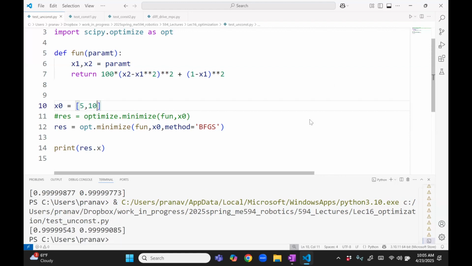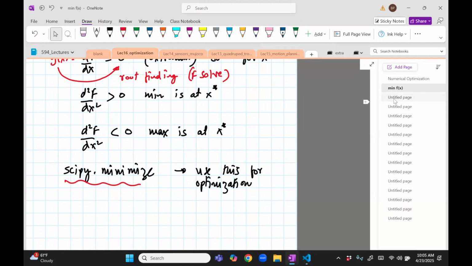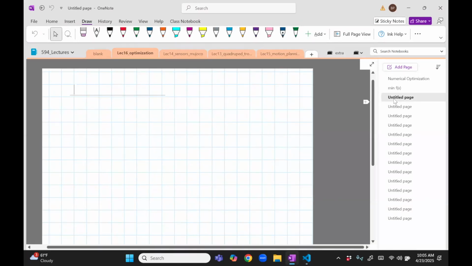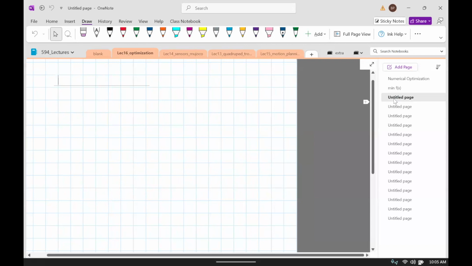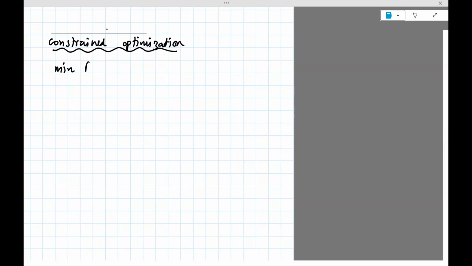It worked. Okay, now let's get to the second part, which is unconstrained or constrained optimization. This is the more useful one, as you'll see. In this case, I'm just going to go with an example. We want to minimize f of x, where f of x is x1 square plus x2 square plus x3 square plus x4 square plus x5 square.